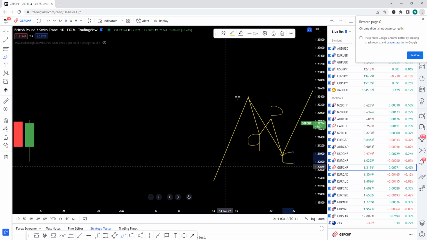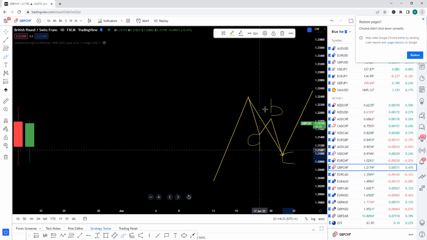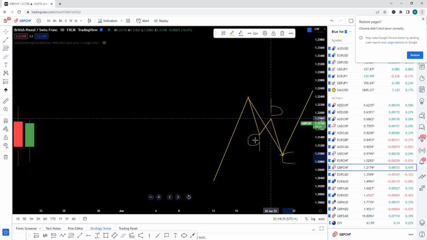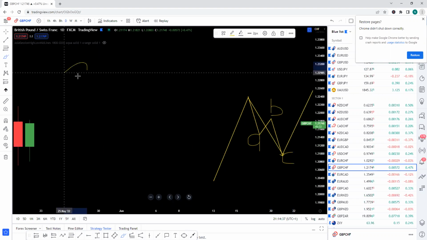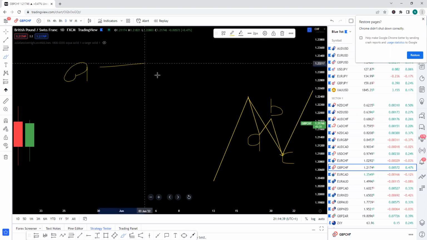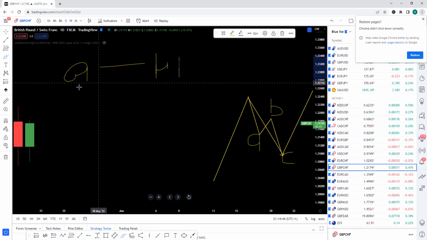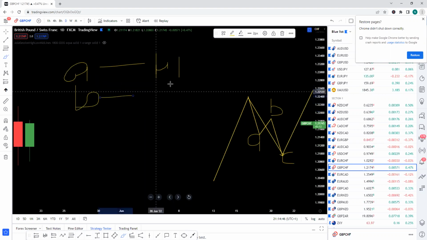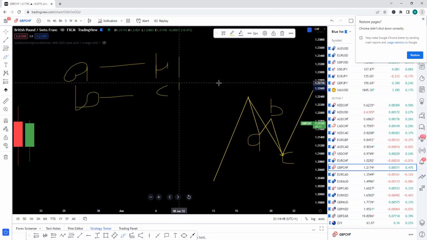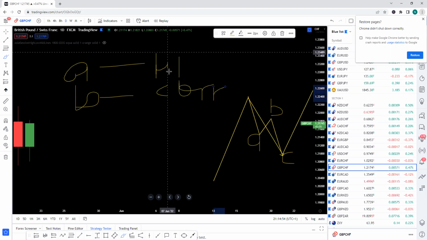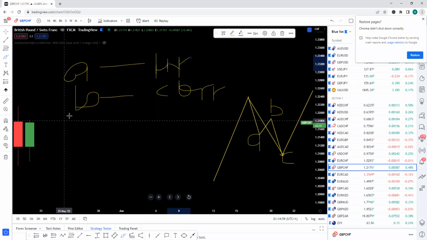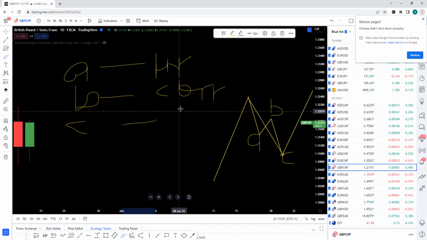So you now see that even within the corrective structure A, B, C, A on its own is called an impulse. B is called a correction. This is an impulse. What's happening? The mouse will not focus today. C is called what?